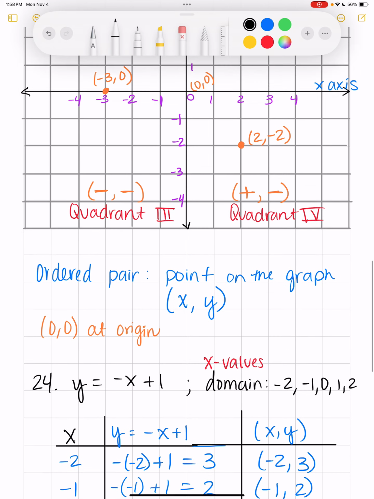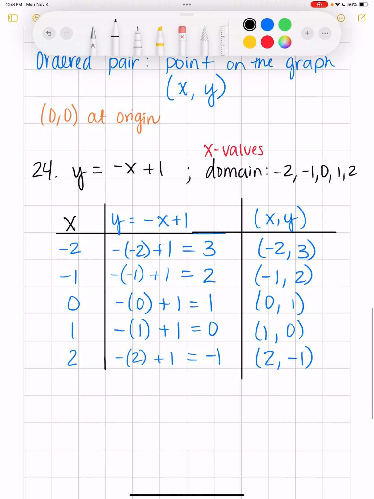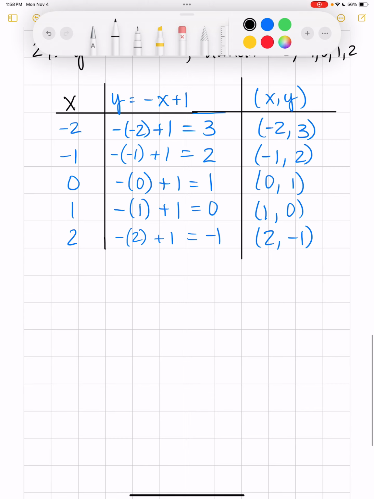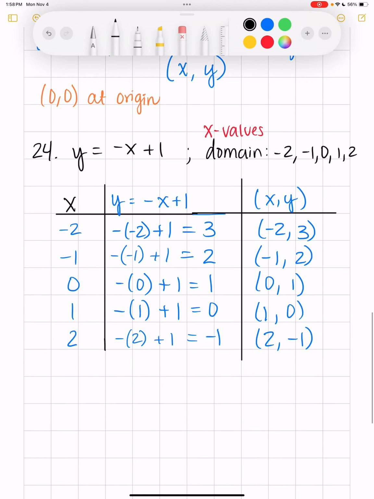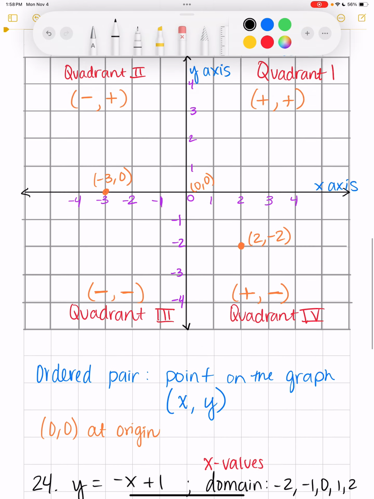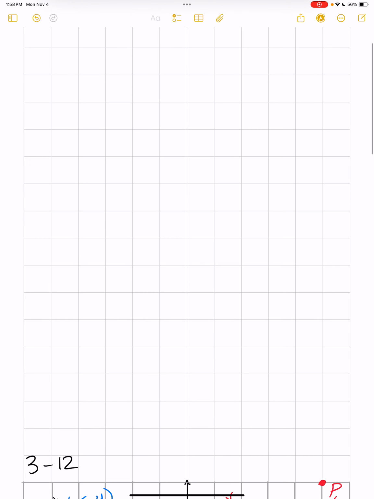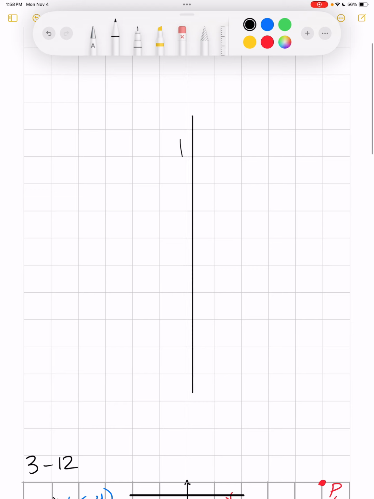Well, let me do it down here. I don't know what's happening. Why will it not let me? Can I do it up here? Okay. I'm just going to be scrolling back and forth.